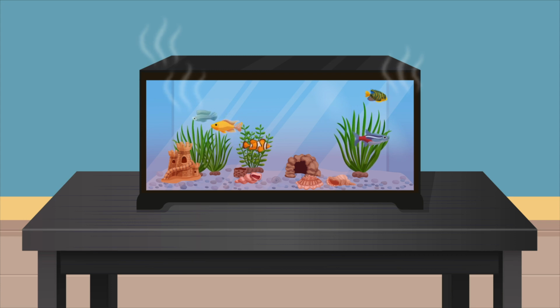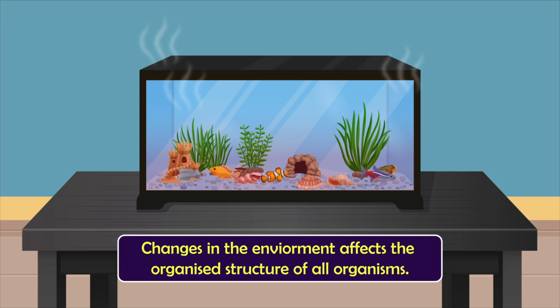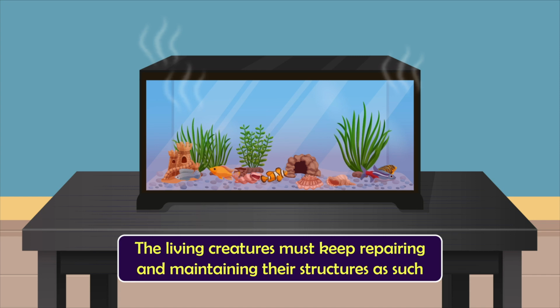So the fish may not breathe easily and eventually they will die. Thus, the environment affects the organized structure of all organisms, and these organized structures may break over time. So, the living creatures must keep repairing and maintaining their structures as such.